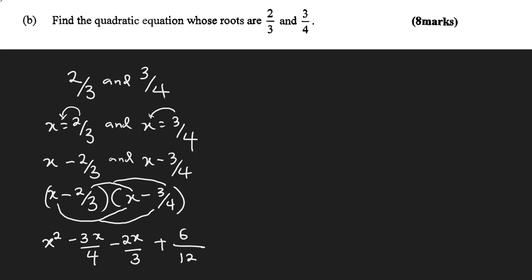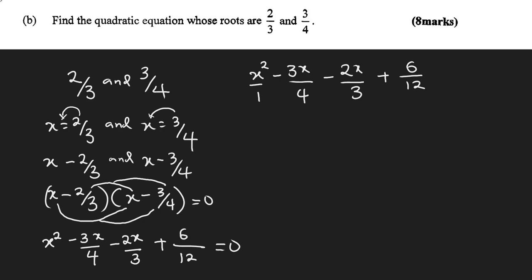So remember we have x squared minus 3x over 4 minus 2x over 3, then plus 6 over 12. With this, you can balance this one with 1, and you can equate these to 0 because it's an equation.